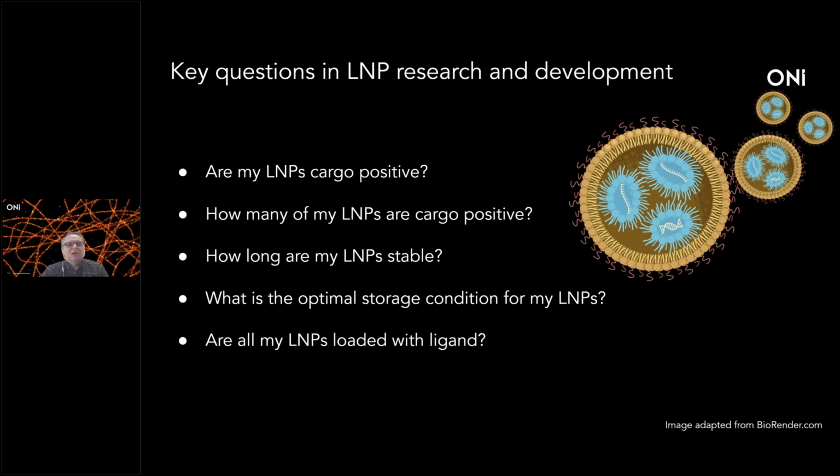However, sometimes information on an individual lipid nanoparticle might be much more useful compared to full bulk results. So here are some questions that are still remaining, and they are important to understand when we are preparing lipid nanoparticles as cargo deliveries, as drug deliveries, for example, or RNA deliveries.